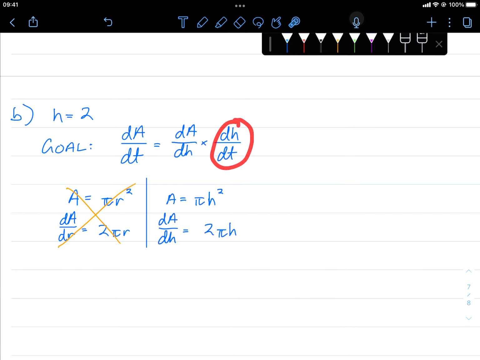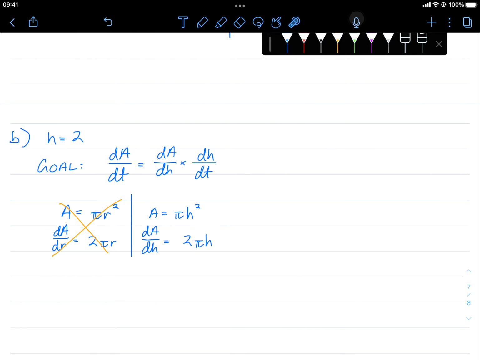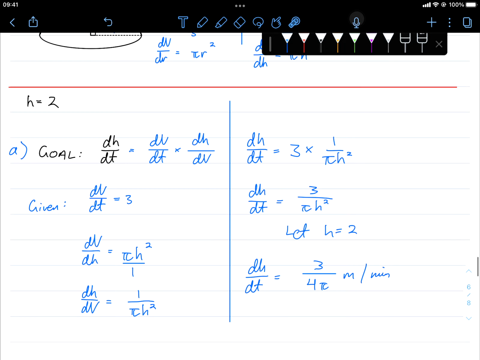Really think about this expression here, dh on dt. That is the change in height over time. That is the rate of change of the height. If you can recall very carefully, that's exactly what we were looking for. dh on dt was this expression here.